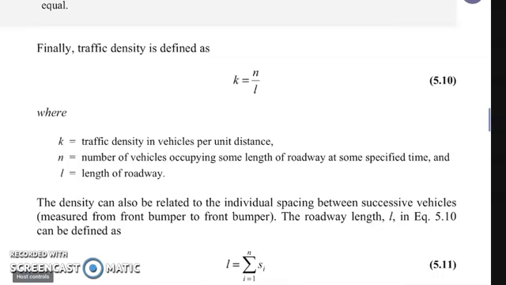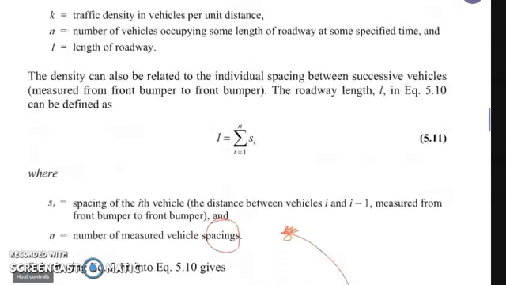So the roadway length is equivalent to the summation of S of I, wherein I is equivalent to 1 to N. Take note that S of I is the spacing of the ith vehicle, the distance between vehicles I and I minus 1, measured from bumper to front bumper of the vehicle. And N refers to the number of measured vehicle spacings.